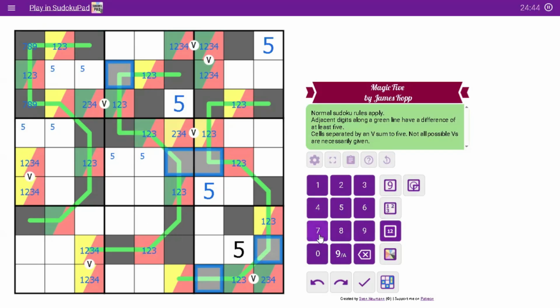So those are all 7s, 8s, and 9s. What else? This can't be a 6. That's 7, 8, 9.